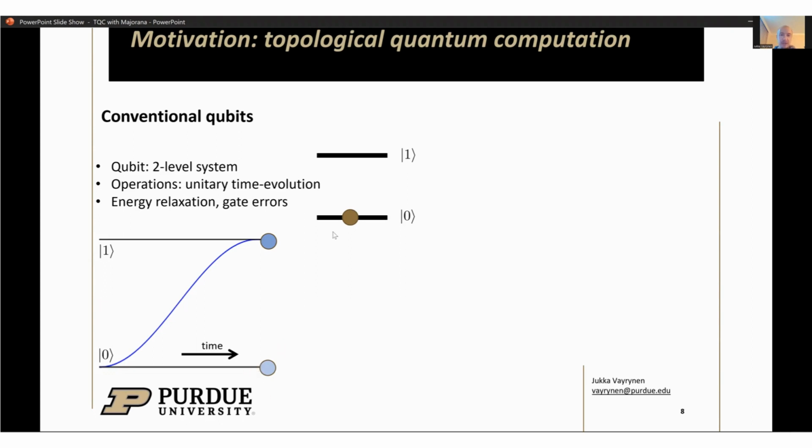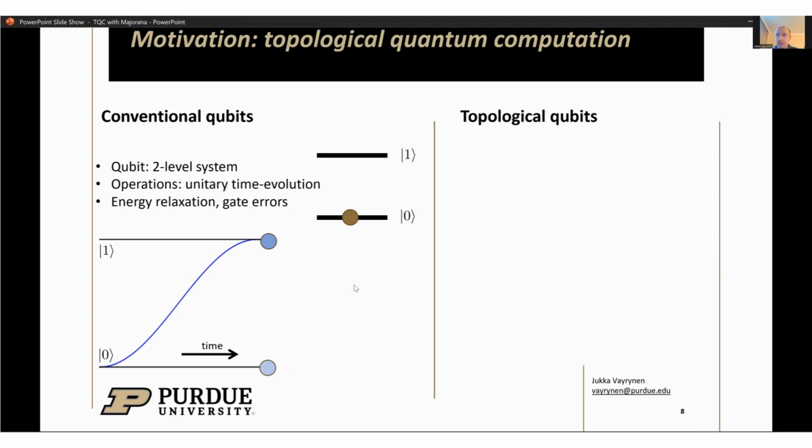So you may have a small residual probability of staying, in this case, in the 0 state. And this is what we call a gate error. Basically it happens when you cannot control the length of the microwave pulse very accurately.